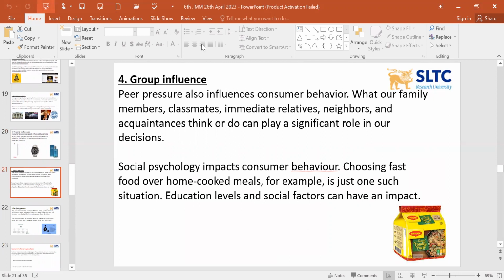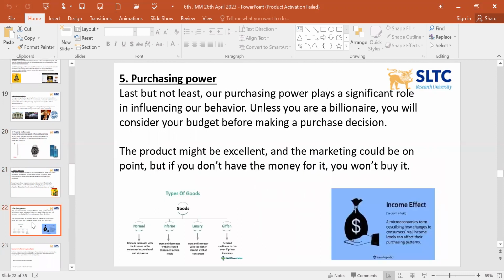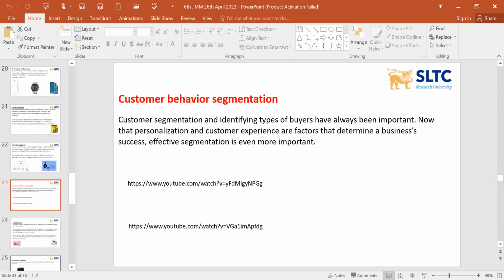If one of your friends is using a different perfume, you might also get convinced to use the same perfume. And also, we looked at purchasing power, where an economy has a direct relationship with the purchasing power that will affect consumer behavior.